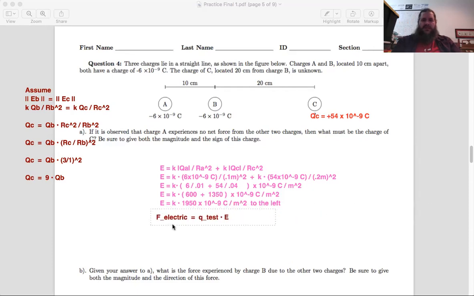So let's fill that in. We've got electric force is the test charge, charge B, -6 times 10 to the -9 coulombs, times the electric field, which is K times 1,950 times 10 to the -9 coulombs per meter squared to the left.